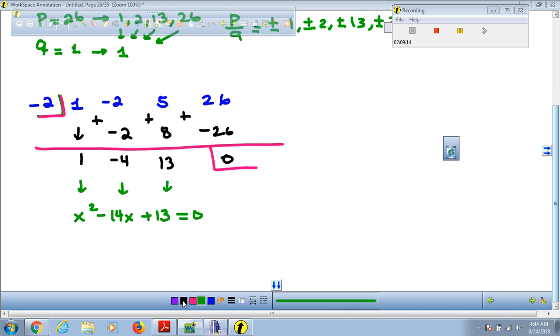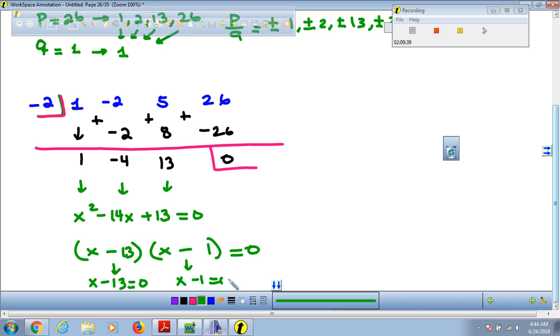I'm going to see if I could factor this. I don't know if it is factorable, but it may be. If not, worst case scenario, I use quadratic formula. So x times x is x squared, 13 times 1 is 13, and added it's 14. Perfect, it works. Minus and minus again. So x minus 13 equals 0, x minus 1 equals 0.